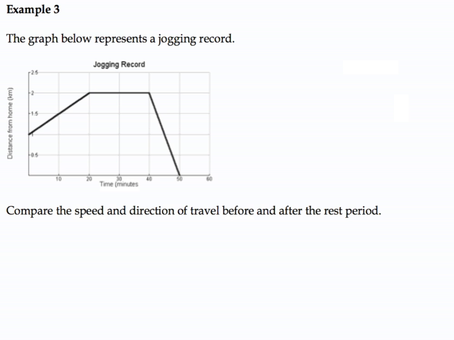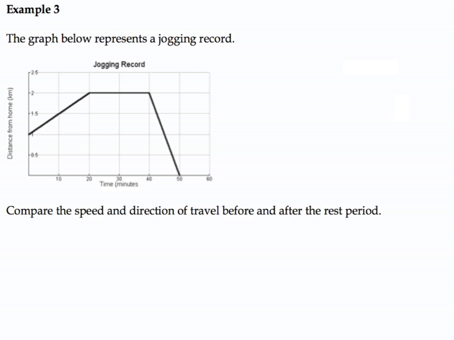Because there's no movement at all, and it's a horizontal line. On a distance time graph, is his distance of 2 kilometers changing? No, he's still 2 kilometers away from wherever he started. And so he's not moving. So this would be no motion, right? No movement.